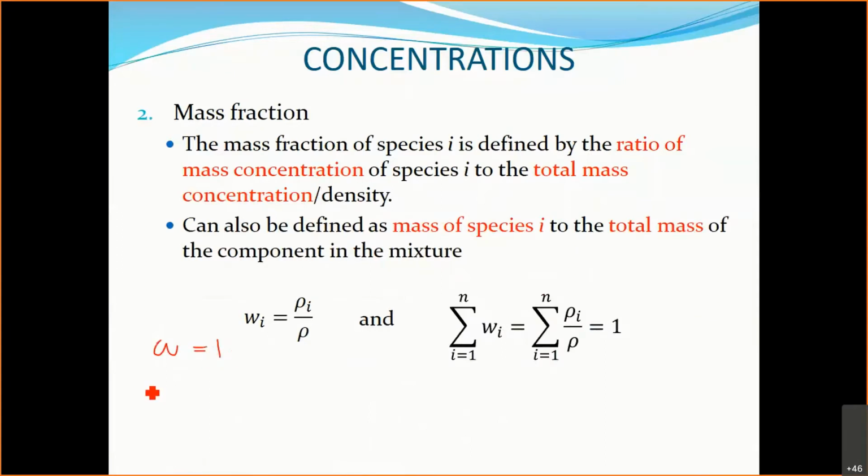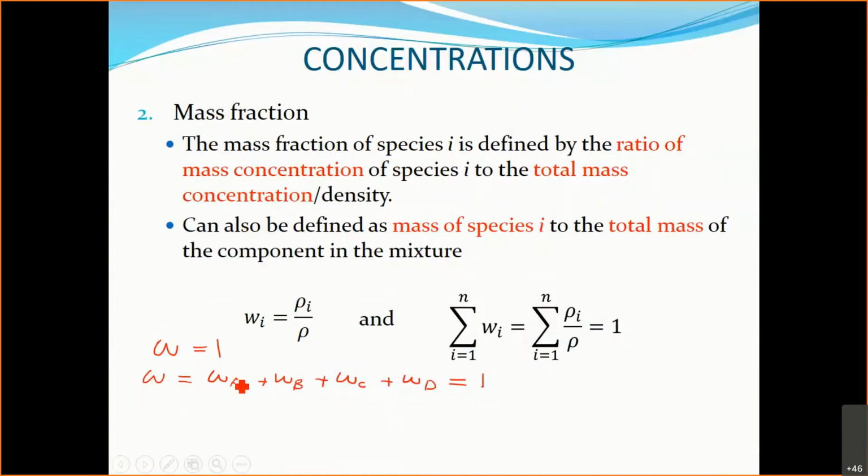If you look at our system just now, mass fraction is equal to fraction of A plus fraction of B plus fraction of C plus fraction of D. And all these, fraction of A, B, C, and D, must always sum to 1.